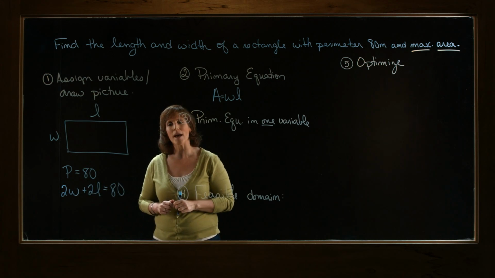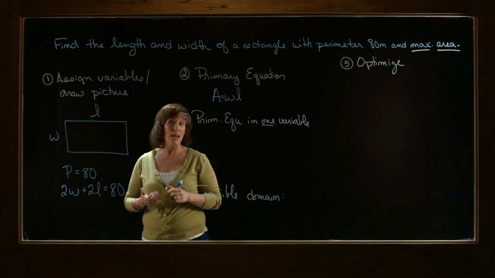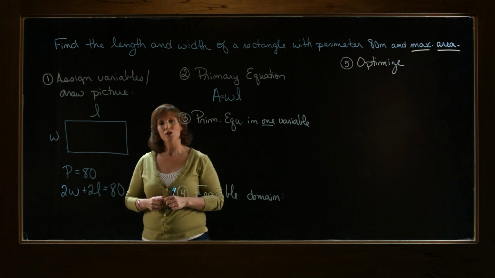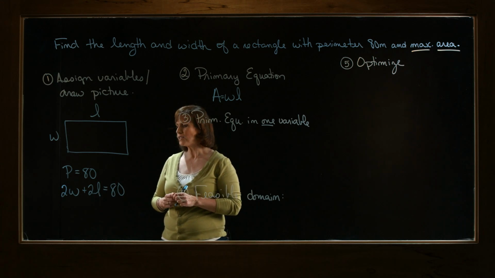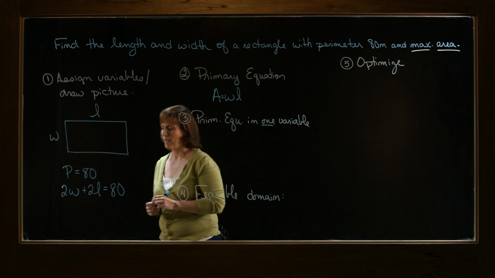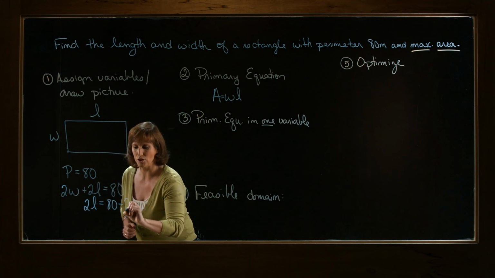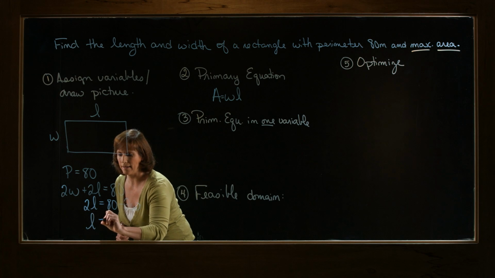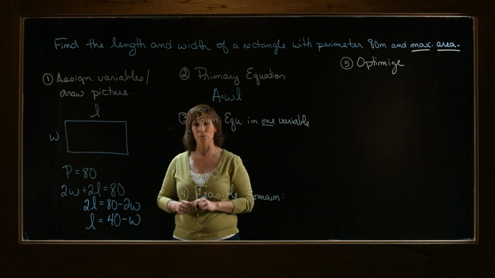I can take this equation and solve it for one of those variables. Which one? It really doesn't make any difference. Choose the one that's easier to do. In this case, they're equally easy, so let's solve for L. So 2L is going to equal 80 minus 2W, and L will be 40 minus W.